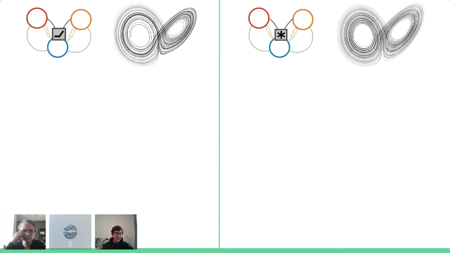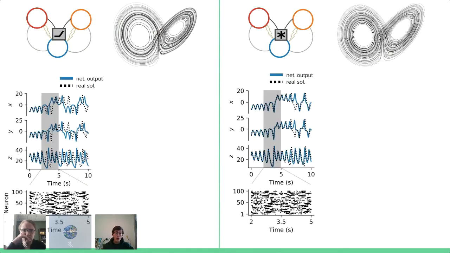But if you look in detail at the network output and you compare it to the real solution, you can notice that the network with multiplicative synapses can stick to the real solution for much longer. So this already suggests that our implementation is more accurate, and there is essentially a standard way to analyze the precision of the Lorenz attractor, which is by plotting consecutive peaks.